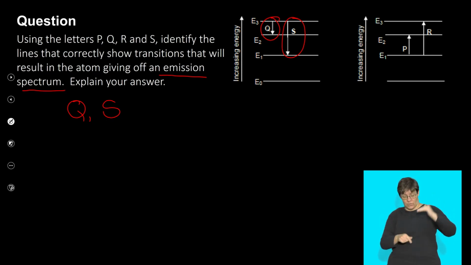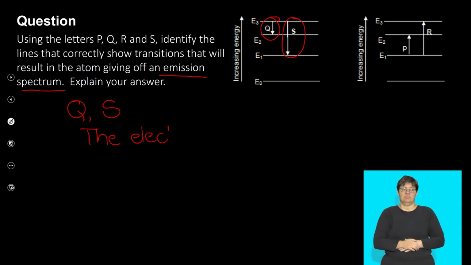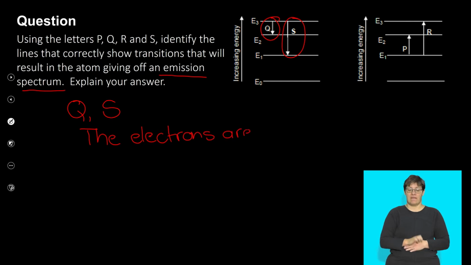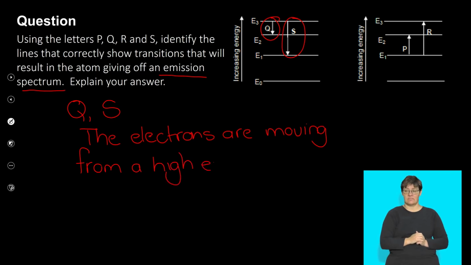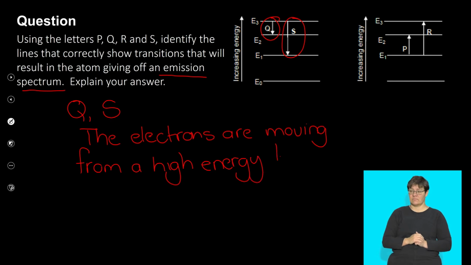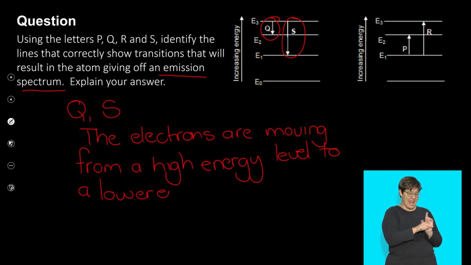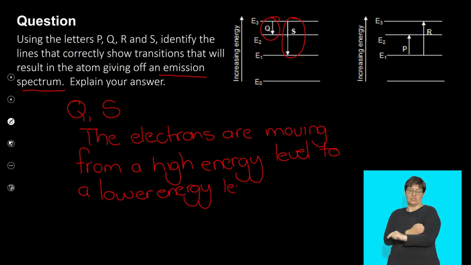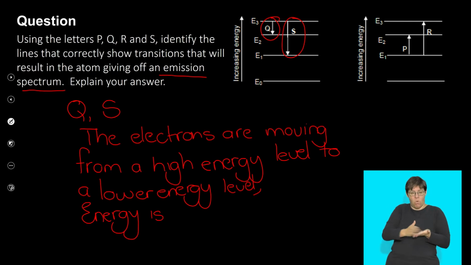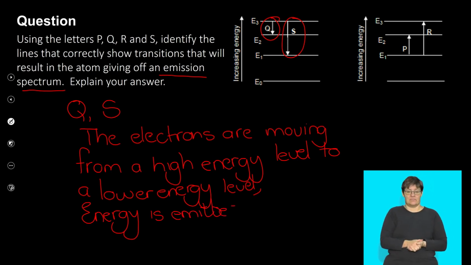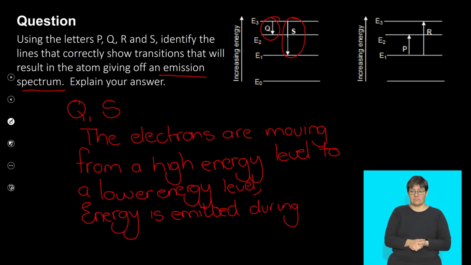Why? Because the electrons are moving from a high energy level to a lower energy level and energy is emitted during this process.